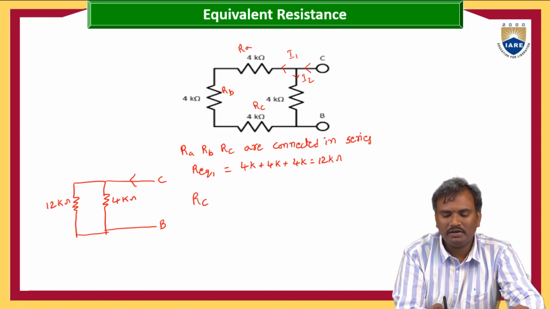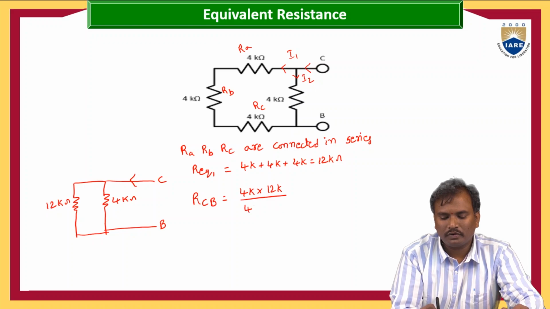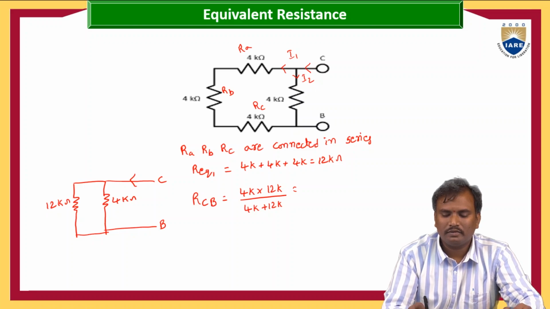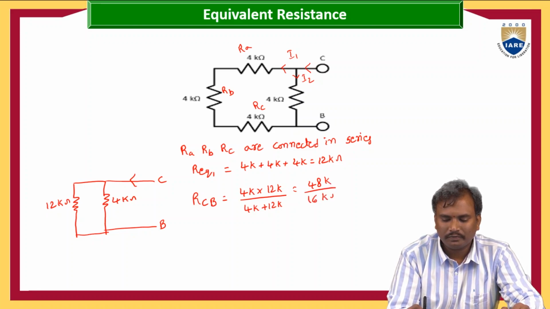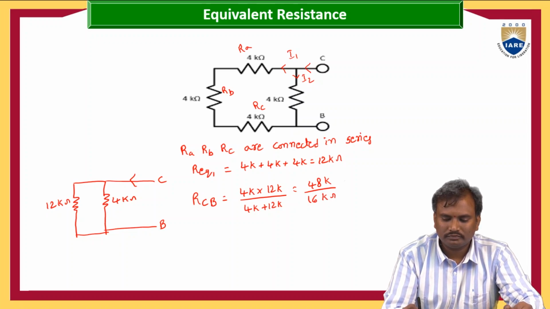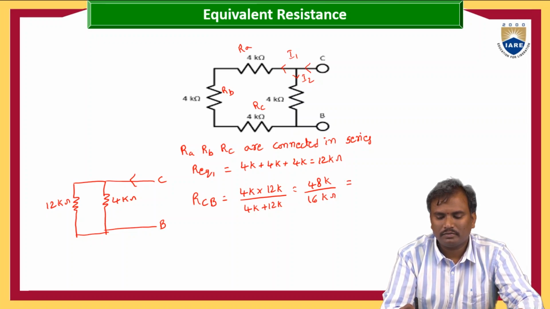So RCB is equals to 4 kilo ohms into 12 kilo ohms by 4 kilo plus 12 kilo. That is equals to 12 fours of 48 kilo by 16 kilo, which is equals to 3 kilo ohms.